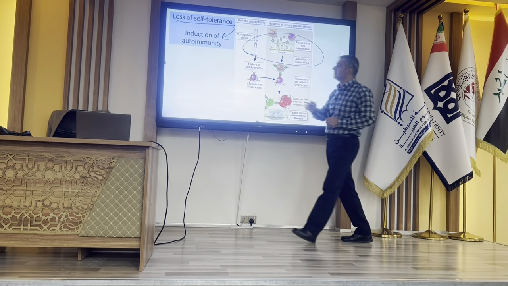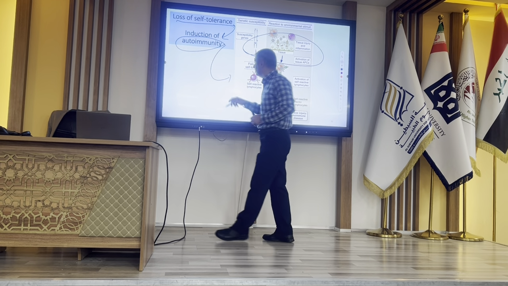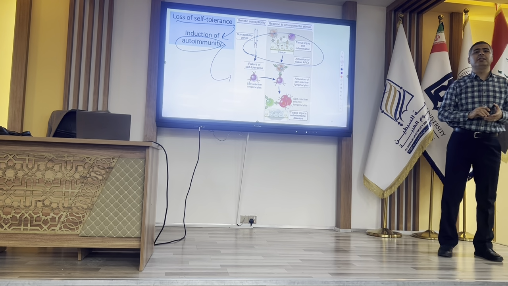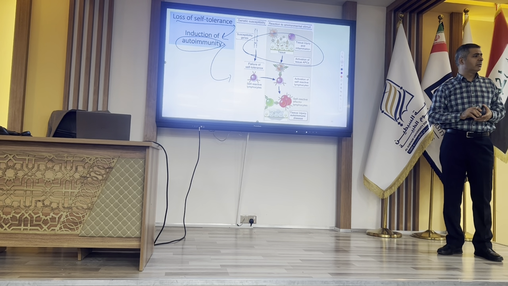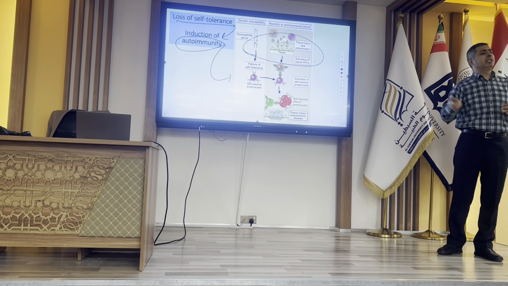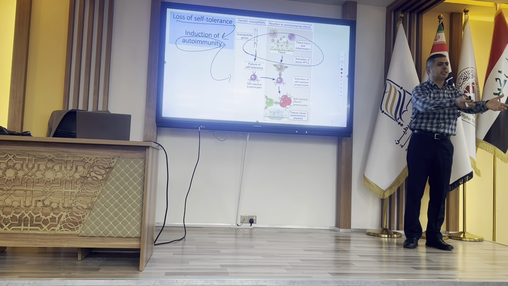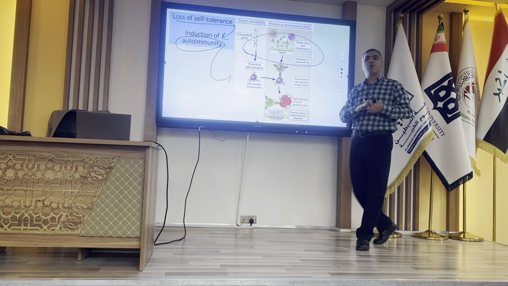That's why it is said that autoimmune diseases are multifactorial diseases. Multifactorial disease, what does that mean? Many genes and many environmental factors are involved in the induction of the disease.